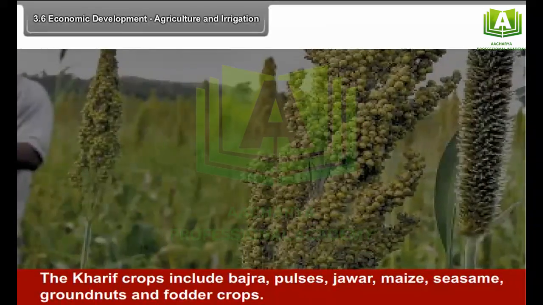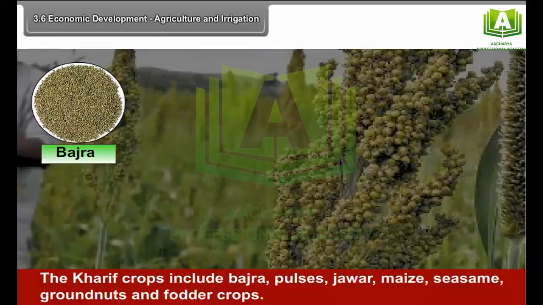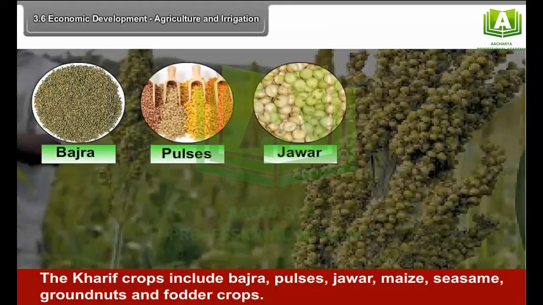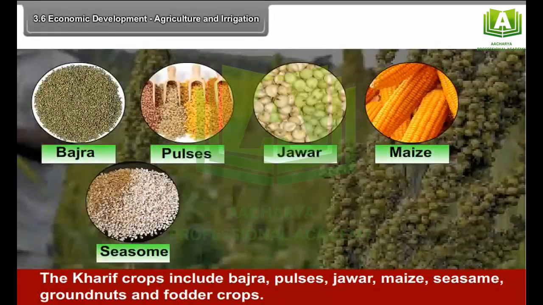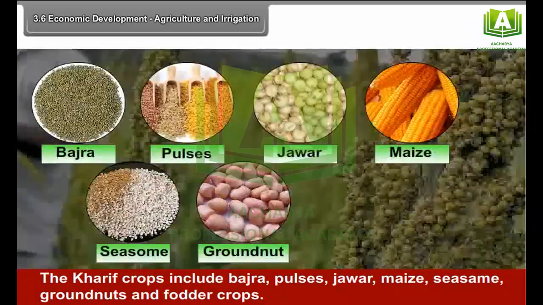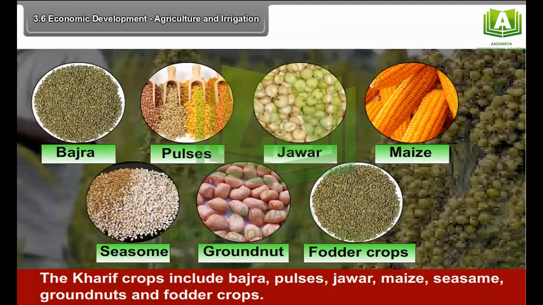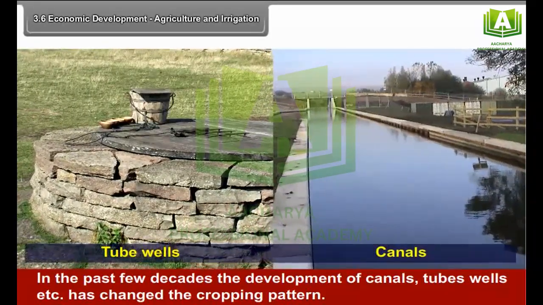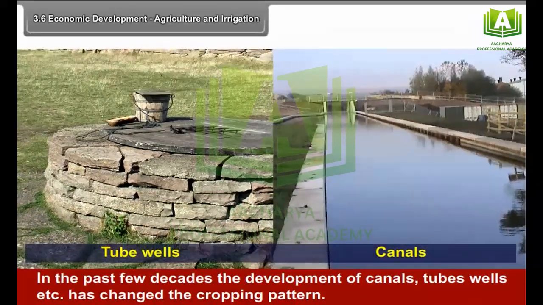The Kharif crops include bajra, pulses, jowar, maize, sesame, groundnuts, and fodder crops.